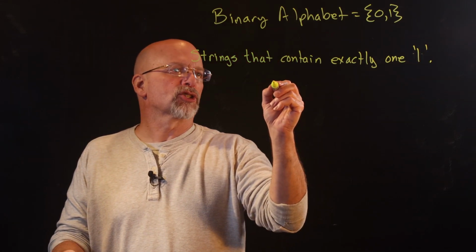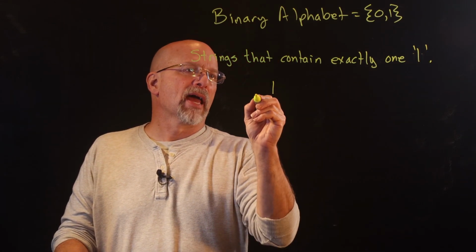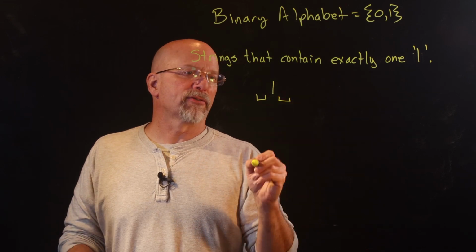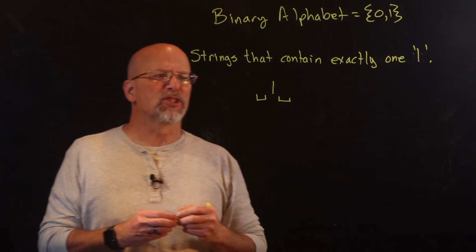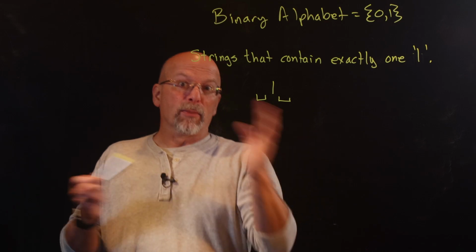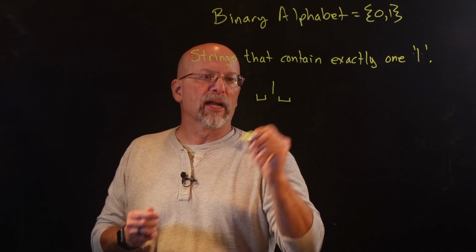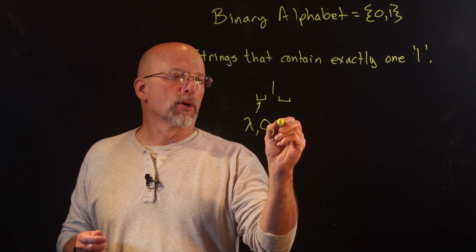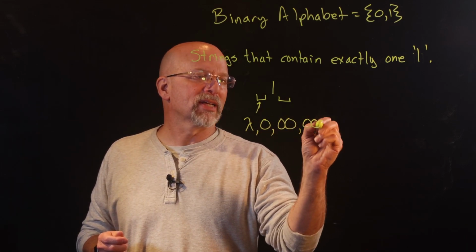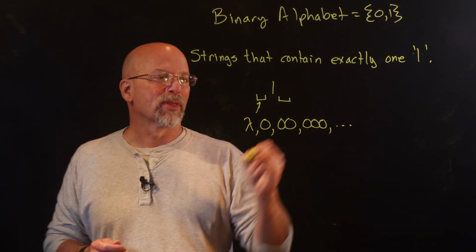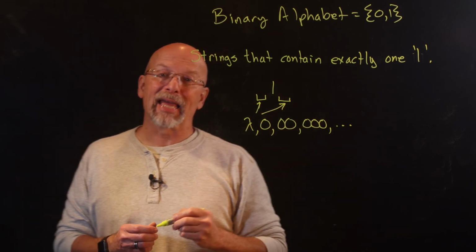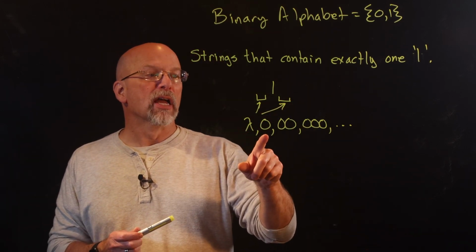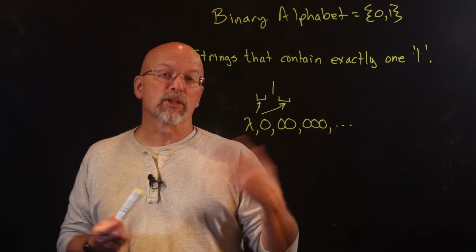Well, our string should have a 1, right? And then before it or after it need to be some number of zeros. That 1 may be at the beginning, so what we need here is an empty string or a single 0 or 2 zeros or 3 zeros or so on and so forth. And similarly, we want the same thing after it. We want the empty string, 1 zero, 2 zeros, 3 zeros, and so forth.